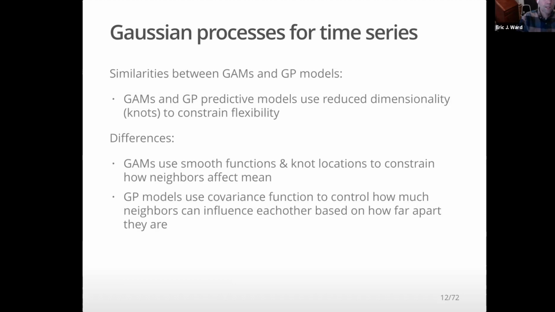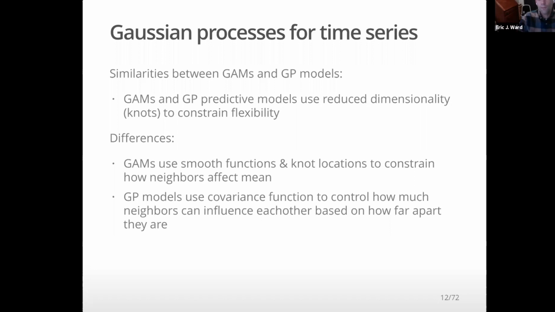So the main difference between the GAMs and these Gaussian process models is how we're specifying this smooth function. With a GAM, remember, we were specifying a smooth function and really modeling a change in the mean. With the Gaussian process model, we're going to use this covariance matrix that I talked about during our Gaussian process DFA example.